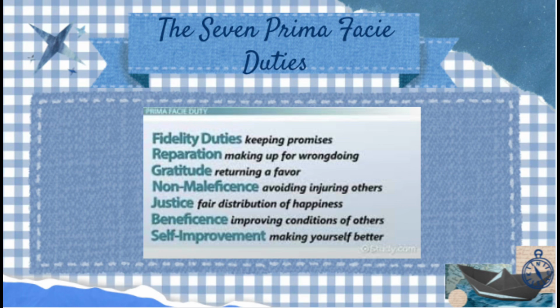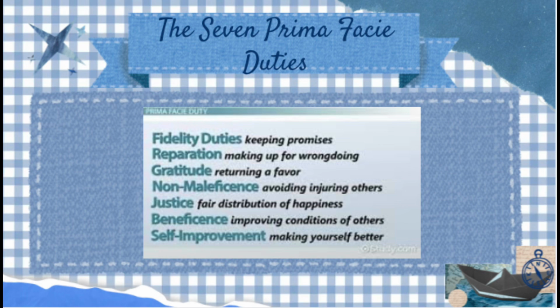First is fidelity, which means keeping promises. Second is reparation, which means making up for wrongdoings. Third is gratitude, which means returning a favor. Fourth is non-maleficence, which means avoiding injuring others.